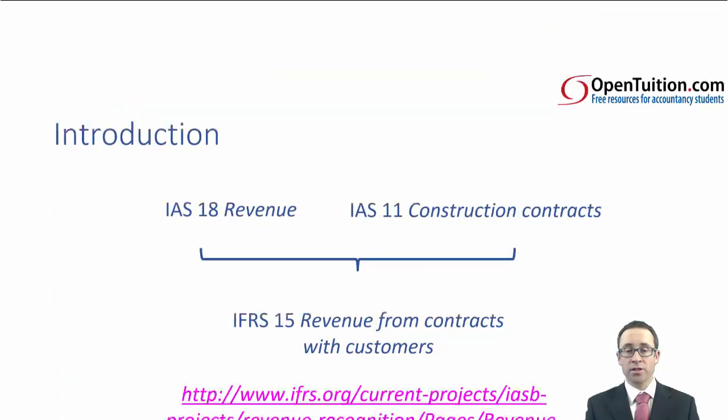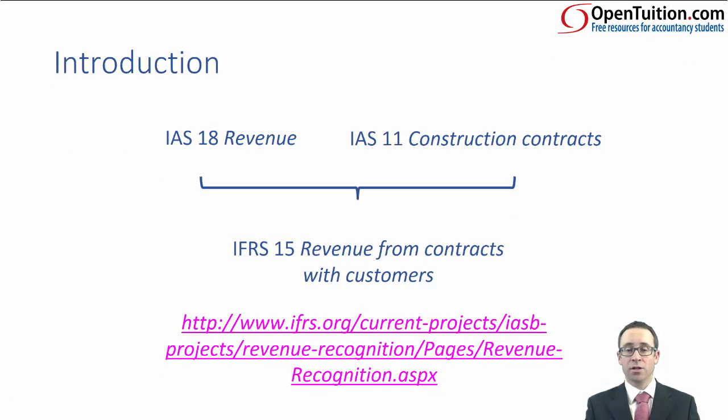So let's go through and first of all have a look at the introduction. We now have IFRS 15. That is the examinable standard. The 2 old standards that are now no longer in existence are IAS 18 Revenue and IAS 11 Construction Contracts. Essentially, IFRS 15 is a hybrid and brings together the 2, using a more detailed set of principles to cover both of those accounting areas.